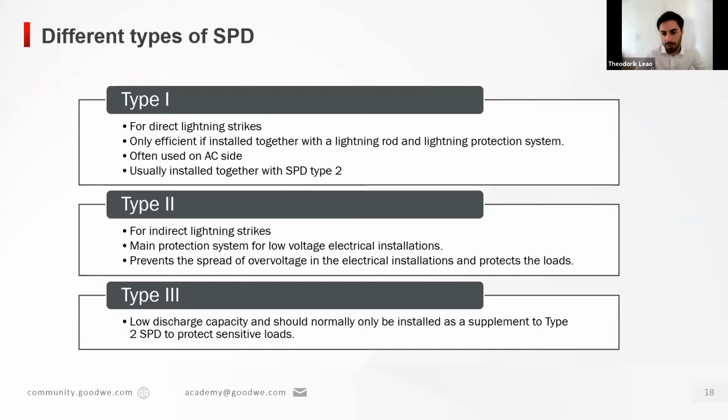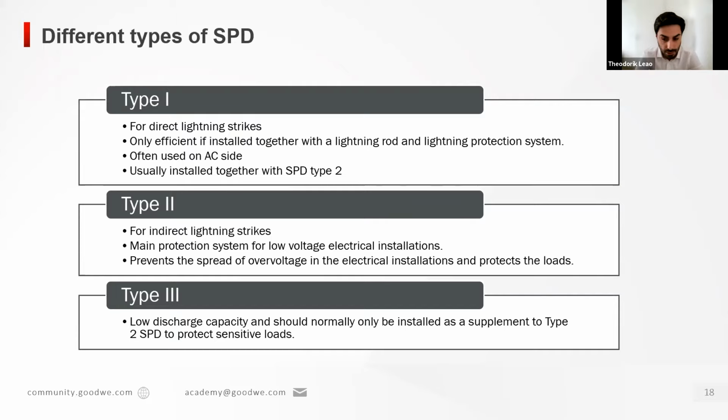And the type of SPD that's necessary depends on the installation location and the system design. So in case it is installed in a lightning intense area, for example, it would be necessary to have an SPD that could protect it from direct lightning strikes. And the distance between the PV modules and the inverter also plays a role in this case.